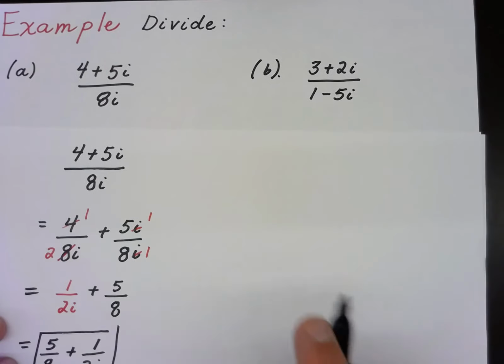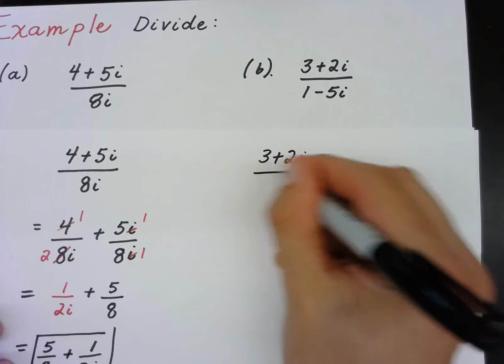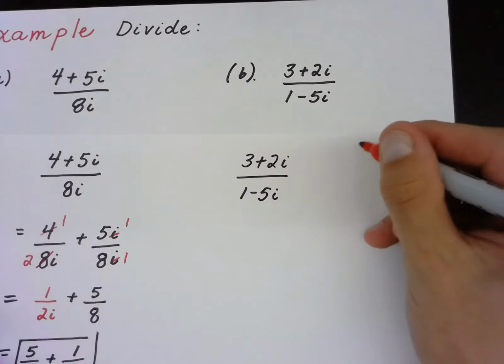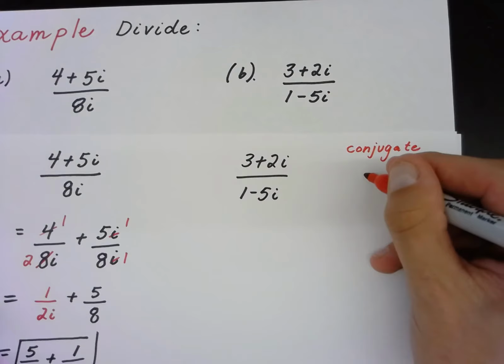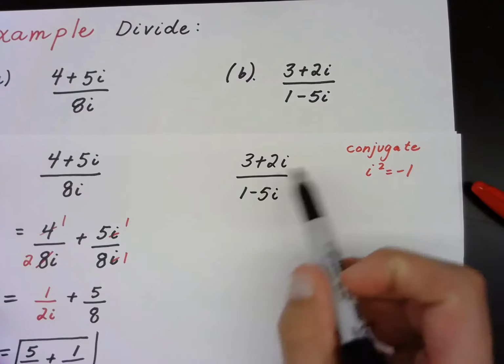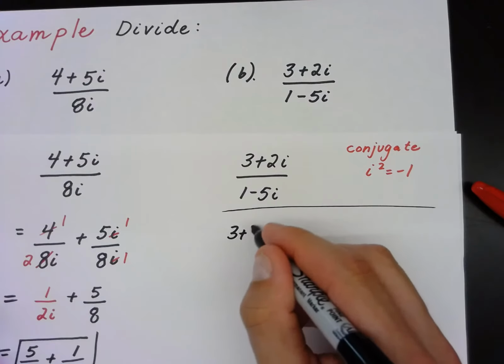Now, part B, we're going to take 3 plus 2i and divide it by 1 minus 5i. So when you divide these, there's two things that you have to know. You have to know what a conjugate is. And the second thing you really got to remember is that i squared equals -1. Because I wrote that, I'm going to just go down here and, for the third time, rewrite this problem so I have some space.